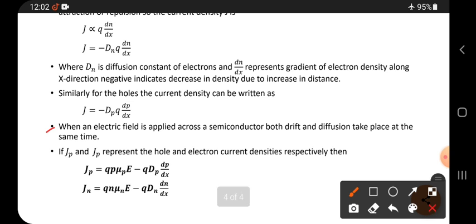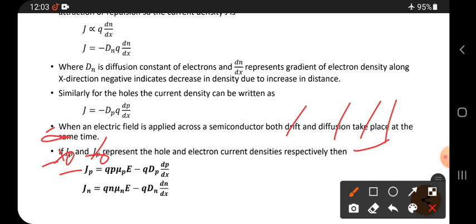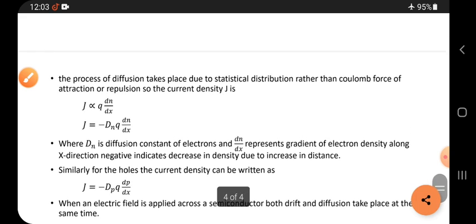When an electric field is applied across a semiconductor, both drift and diffusion take place at the same time. If Jp and Jn represent the hole and electron current densities respectively, then Jp is equal to the sum of the drift formula and the diffusion formula.